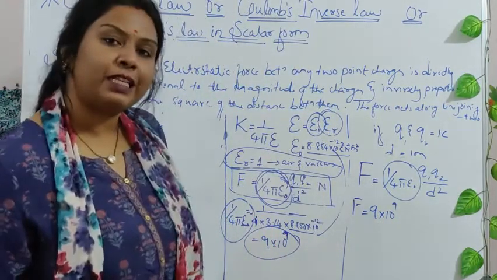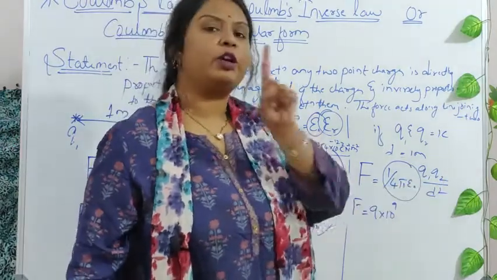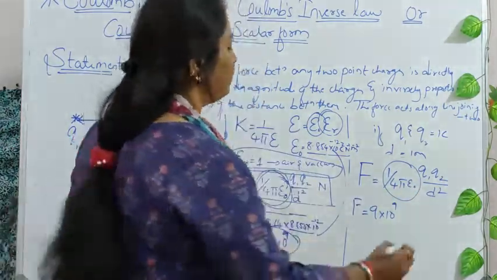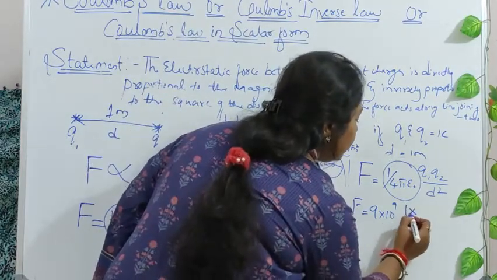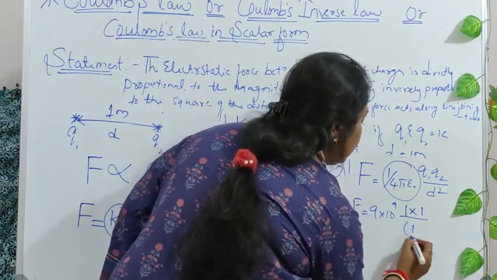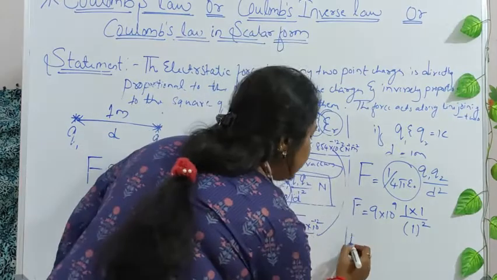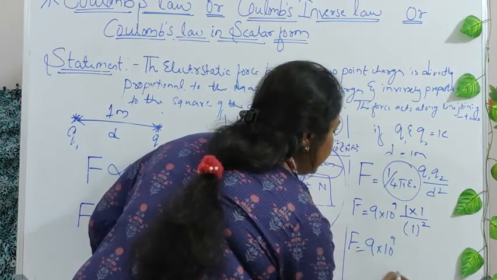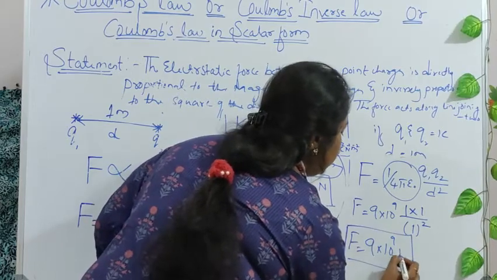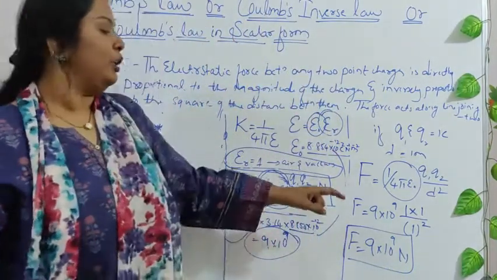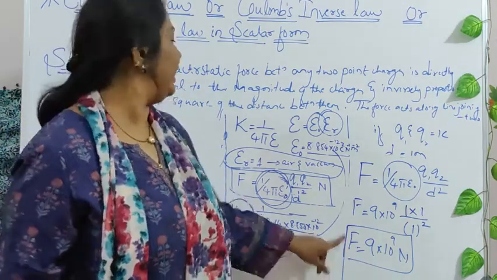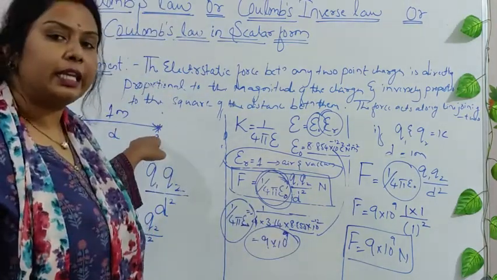Now we have considered two charges of 1 coulomb and a distance of 1 meter between them, so you put 1 into 1 divided by 1 square. This is nothing but F is equal to 9 into 10 raised to 9 Newton.